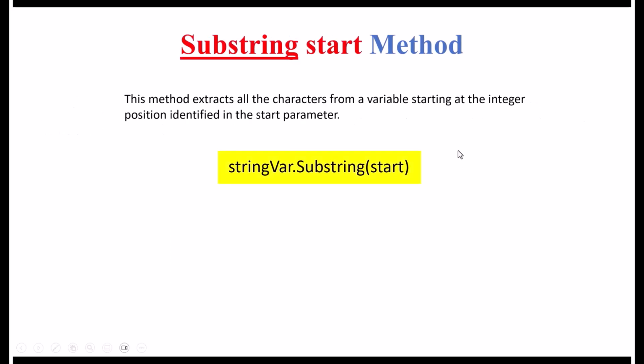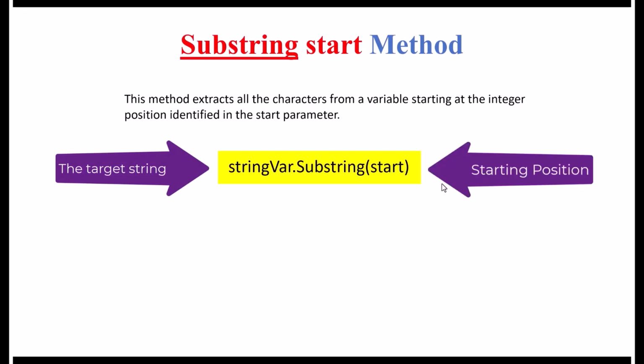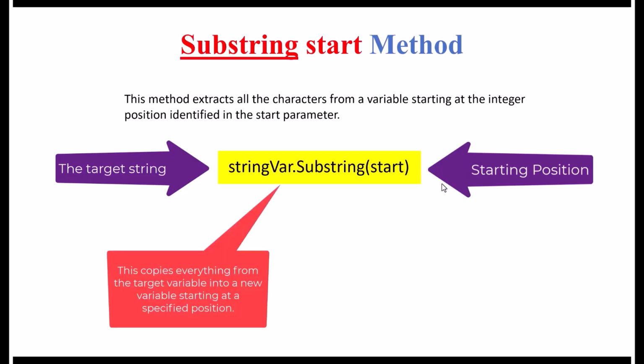Well, we can do that by looking at the substring start method. This method extracts all the characters from the variable starting at the integer position identified in the start parameter. So you've got, again, Moby Dick, and you're looking for the word Moby Dick, or maybe Captain Ahab. You might say my new variable is going to begin at a particular position, maybe position 12.